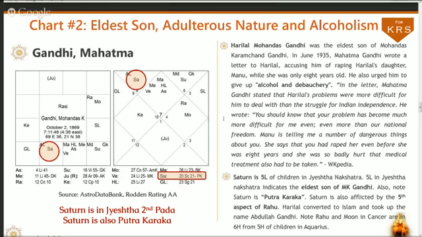Why alcoholism? I'll talk about that later on. Remember, Indra loves to get intoxicated on the somras. So alcoholism or drug addiction, something which is intoxicating, hallucinating, those are the sort of things which come up. So, next slide.